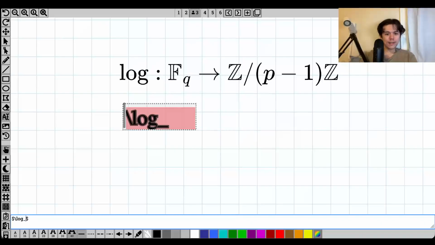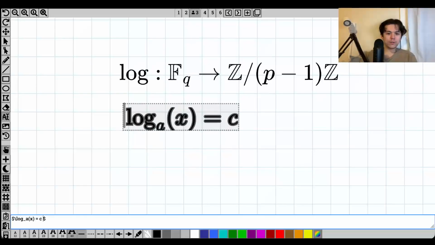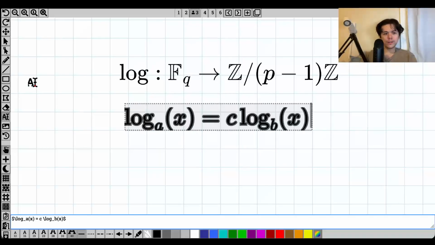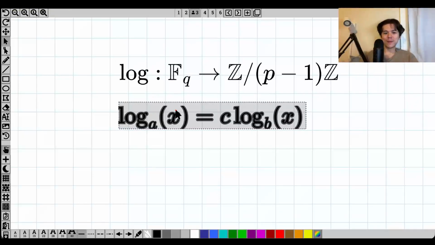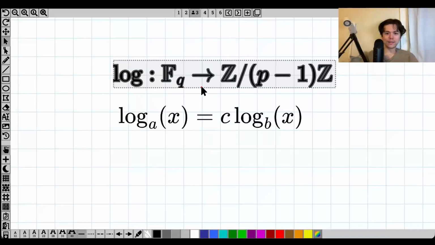When I take, say, log_a of x, now I'm working over the real numbers, and that will always be equal to some constant c times log_b of x. There will be some number, and you can work out which number by an exercise, and that exercise will essentially be the same algebraic exercise, that the same thing happens here.